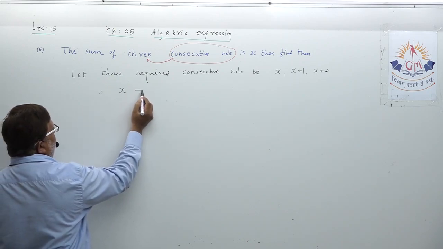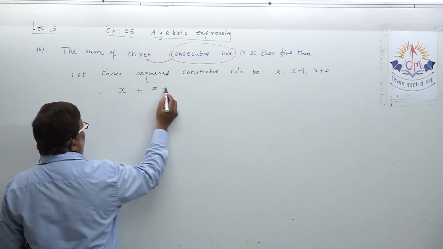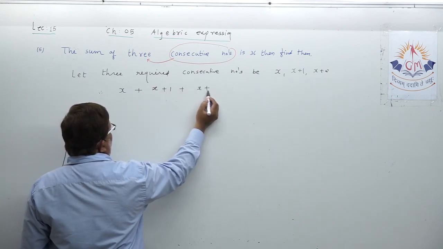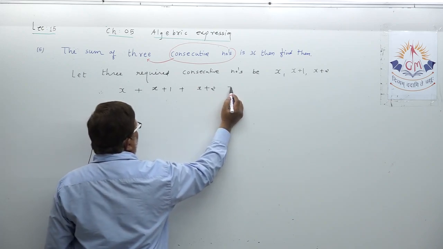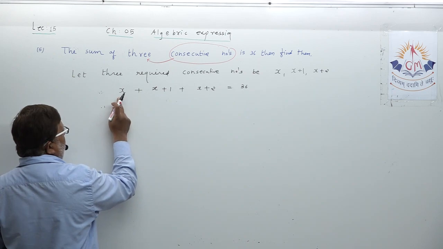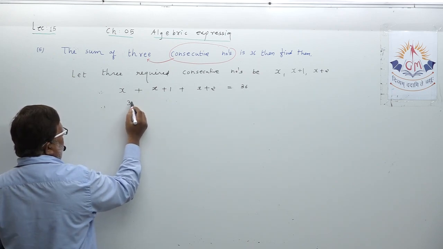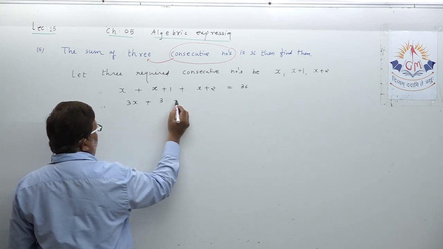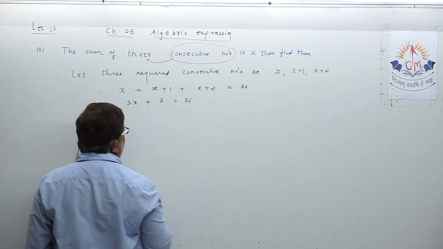x plus x plus 1, please be watchful, x plus 2 equal to 36. Let us solve the like terms, 3 terms of x, 1 plus 2, that is 3, equal to 36.